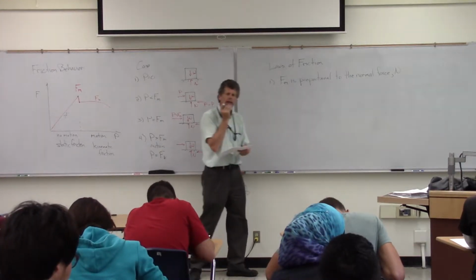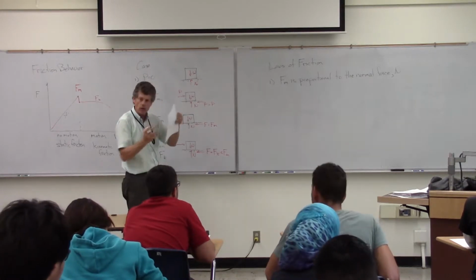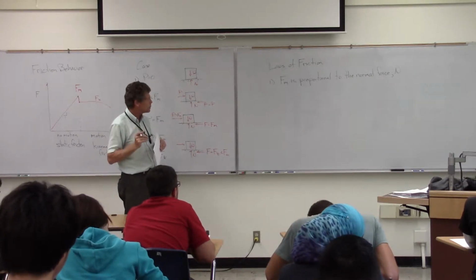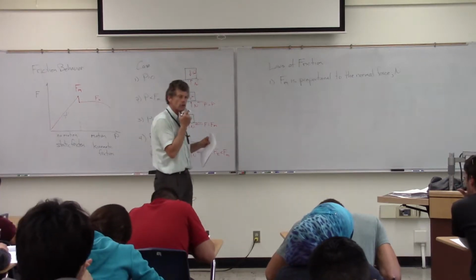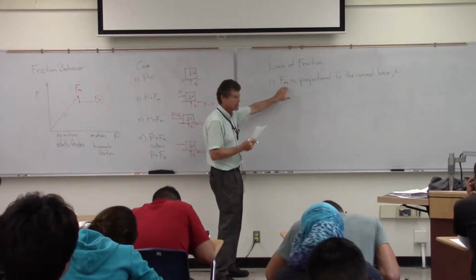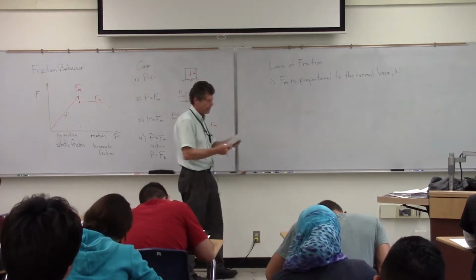So if we have a bigger normal force, a bigger force acting perpendicular between the planes, then the friction force, that Fm, that maximum value we have to attain to start motion, is going to be bigger.